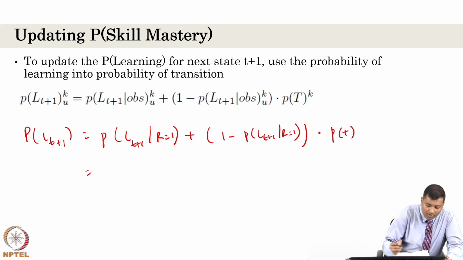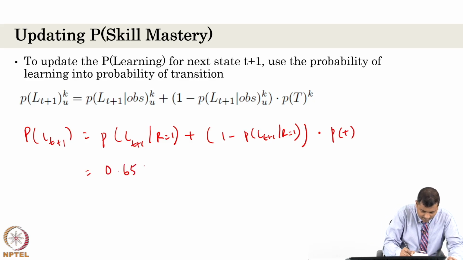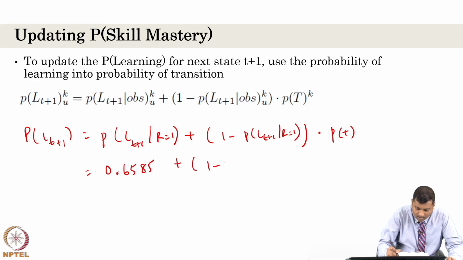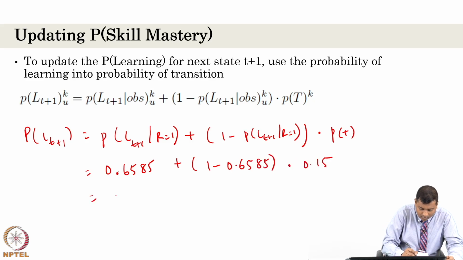I'm going to put in the probability of learned value from here, which is 0.6585, plus 1 minus 0.6585 times probability of transition, which is 0.15, which comes out to around 0.7097, which we can assume is 0.71.